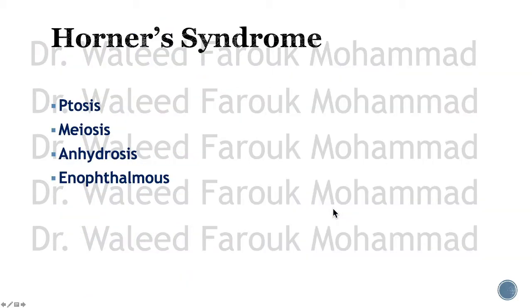Now, a stab injury to the neck or any lesion in the neck that may involve the sympathetic chain will produce what's called Horner's syndrome. Horner's syndrome occurs on the same side as the lesion of the sympathetic chain, and it's characterized by ptosis, meiosis, anhidrosis, and enophthalmos.